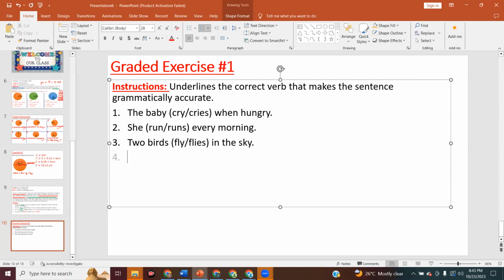Number four. The river flows peacefully.